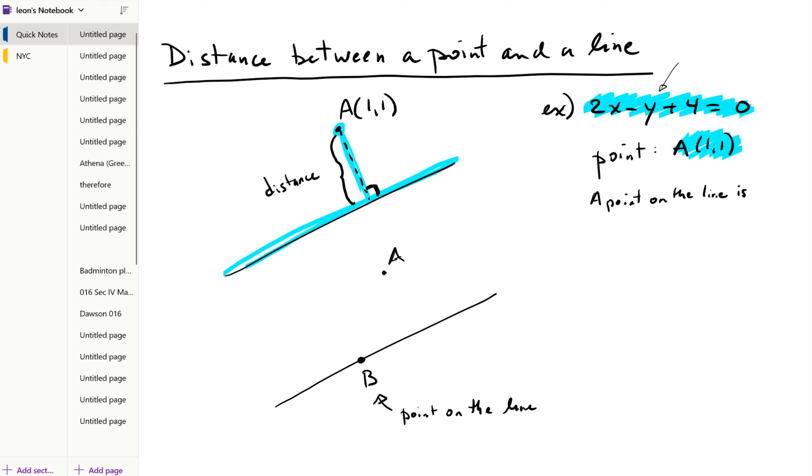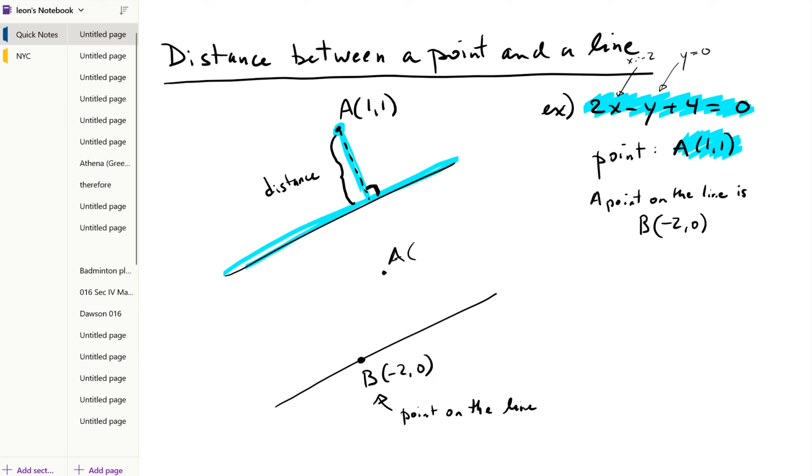Maybe if I set y equal to 0, then 2x plus 4 is going to be 0, so that makes x equal to minus 2, right? You can check 2 times minus 2, minus 0 plus 4 is indeed 0. So I'm going to call that point B, so minus 2, 0.